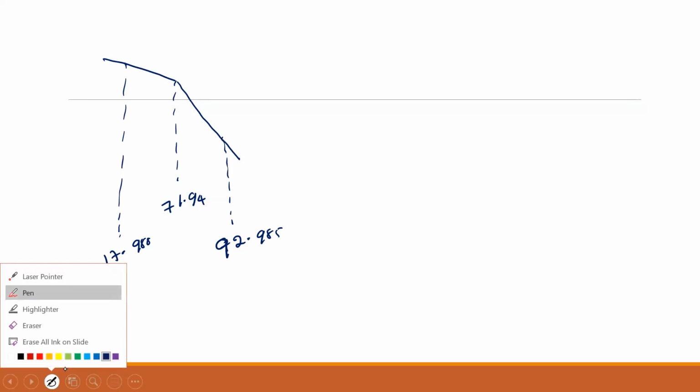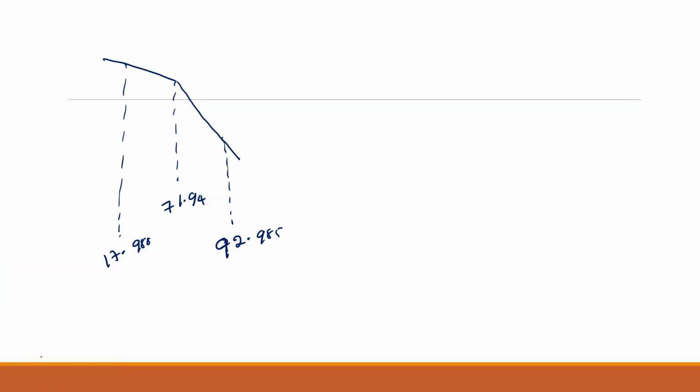Okay, so this value is 71.94, and this final value was 92.985, and the initial value was 17.985. So tell me which equation we should use. You'd have to use that last one. Third one, yes.